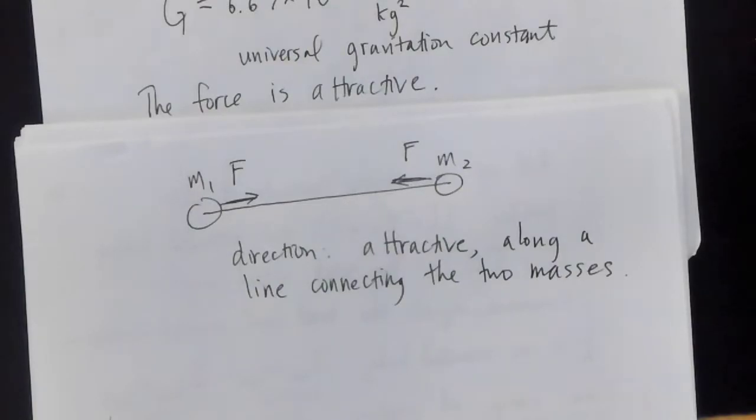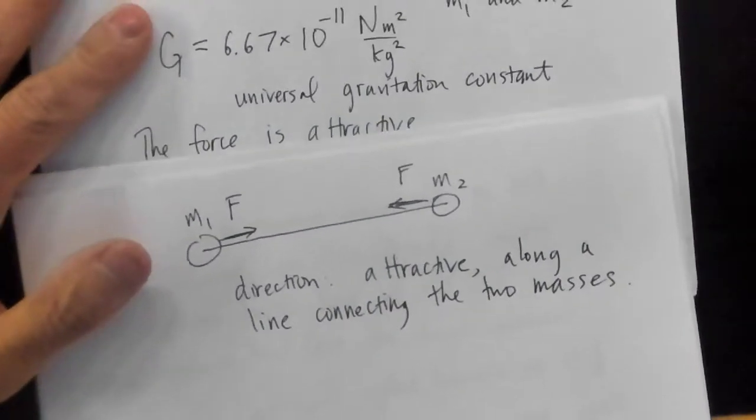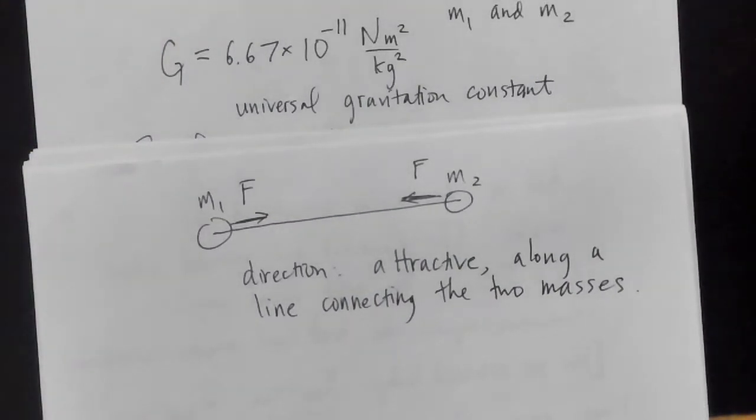All right. So as I said, the 6.67 times 10 to the minus 11 is a really small number. So unless you have millions of kilograms or something, you don't really feel much of a force at all. But the Earth is huge.